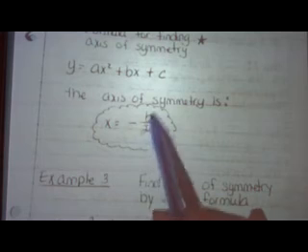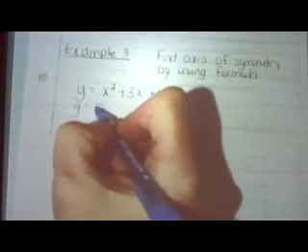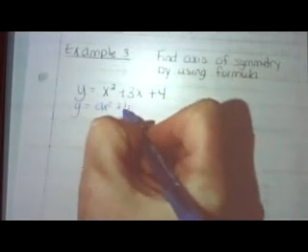X equals negative b divided by 2 times a. So in example 3, let's find the axis of symmetry by using the formula. Remember again, here's your form. The formula is x equals negative b divided by 2 times a.